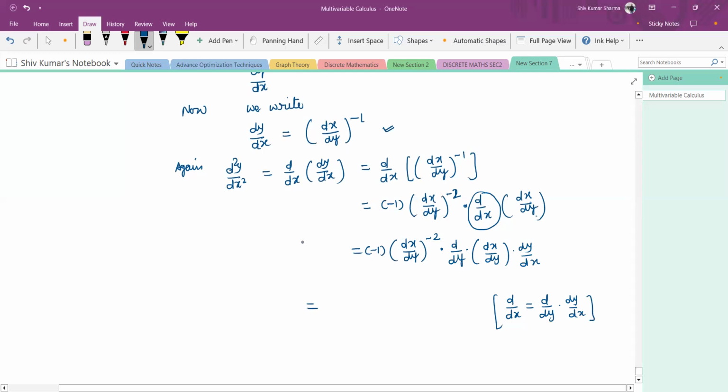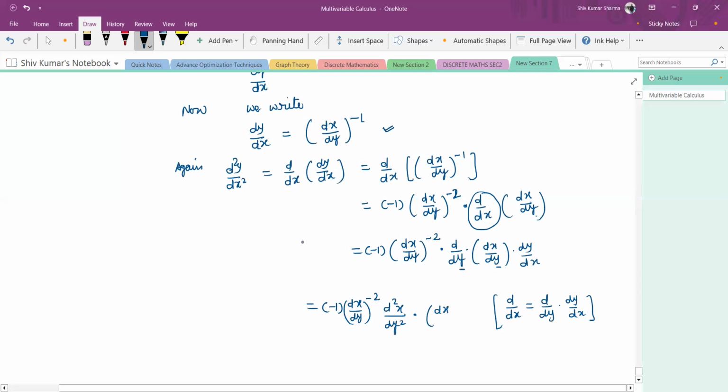Now we can differentiate easily. Here the independent variable is y, and here also y. So we write down this as -1 (dx upon dy) raised to the power -2, and the differentiation of this is d square x upon dy square into dy upon dx. So what is the value of dy upon dx?